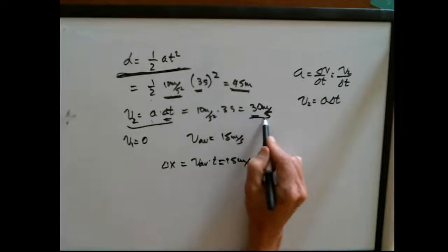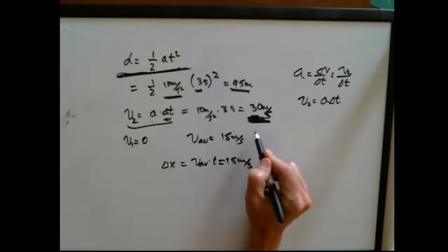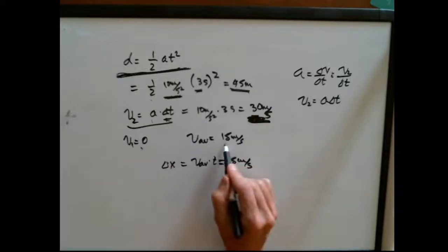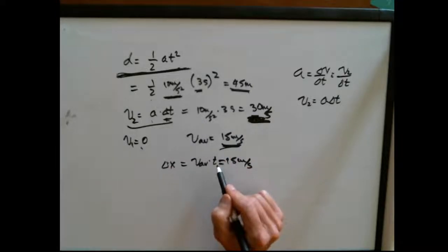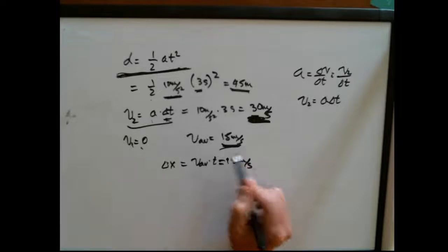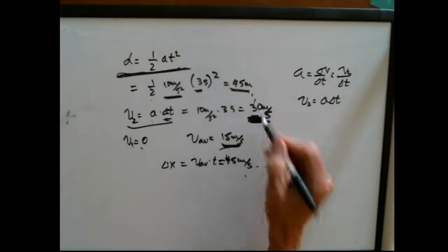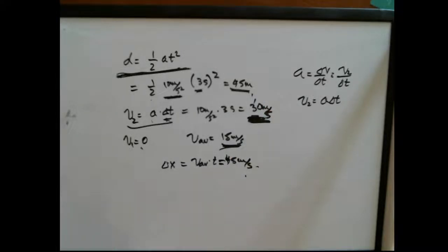That gives you the final velocity. It doesn't give you the answer. But if the final velocity is 30 and the initial velocity is 0, that means the average velocity is 15. It did 15 meters per second for 3 seconds, which is 45 meters. Either one of these ways would solve that problem.